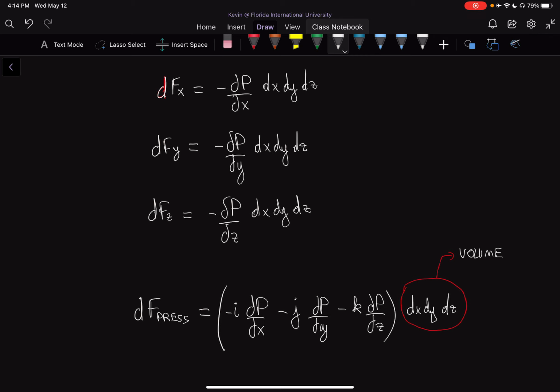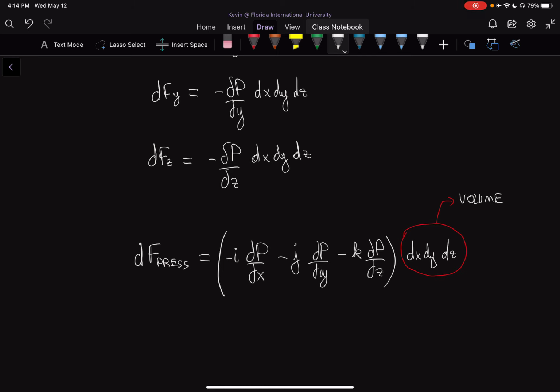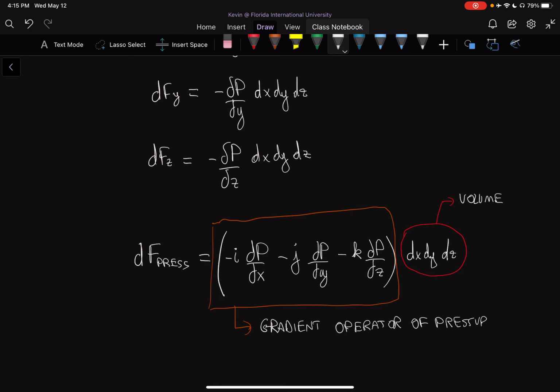And we can also say that this term right here, and this you might not know, but this is going to be a new thing, is what we call the gradient operator of pressure.